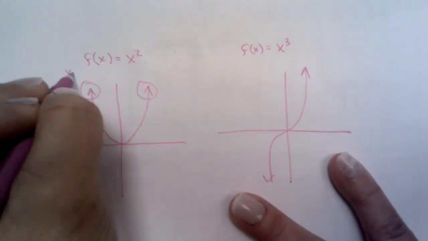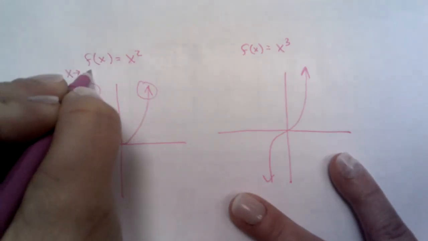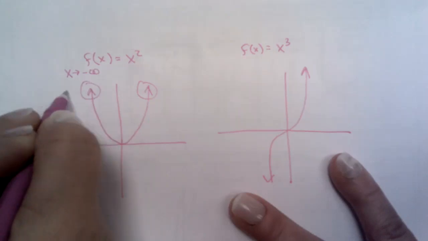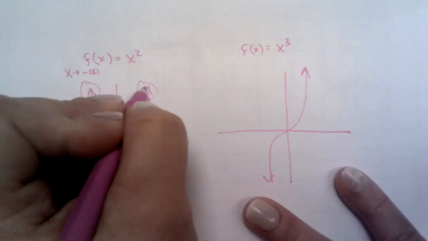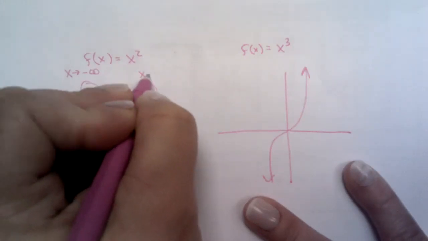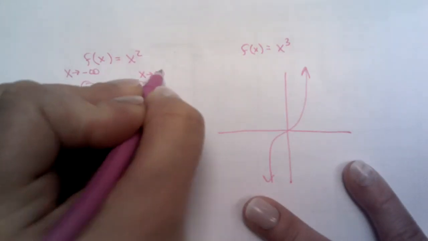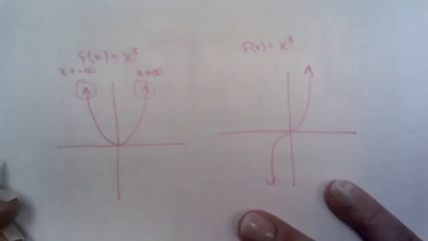So as the domain goes towards negative infinity, or as it goes out to the left, and what happens to this end of the graph as x goes to positive infinity. Okay?